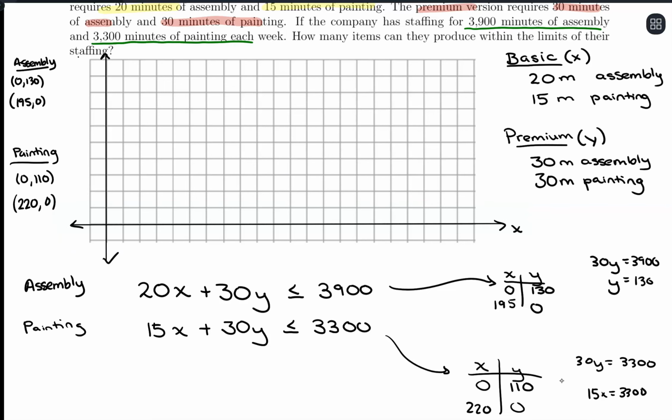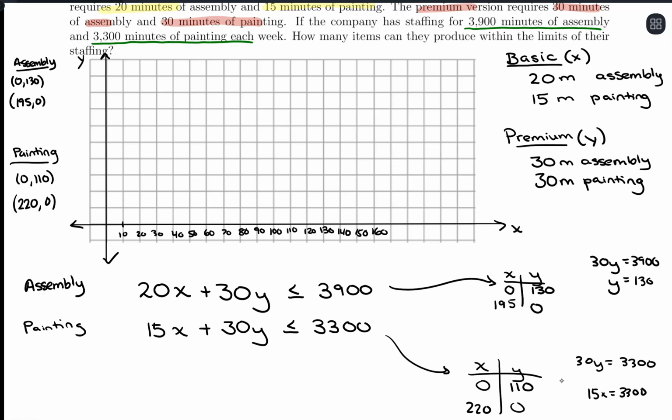So let's see, for the x-axis, I want to see out to 130 and 110. Let's try jumps of 10, see how that works. So 10, 20, 30, 40, 50, 60, 70, 80, 90, 100, 110, 120, 130.